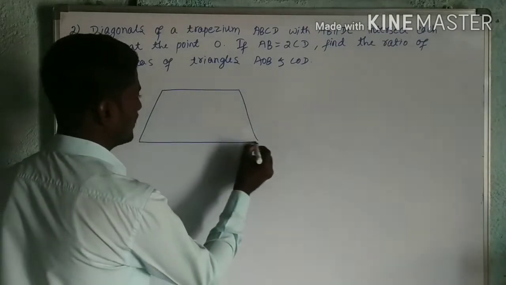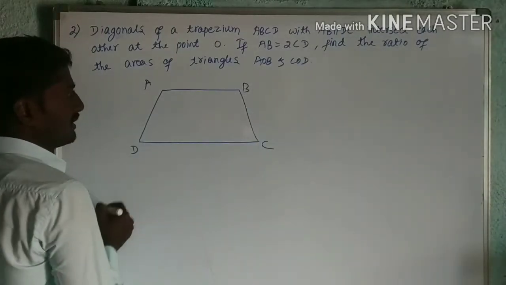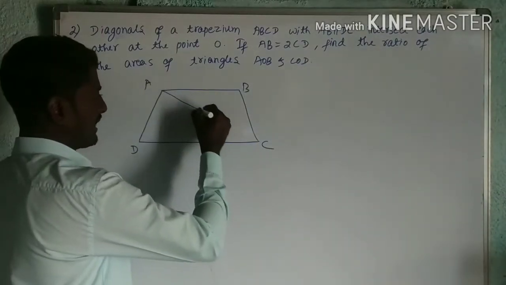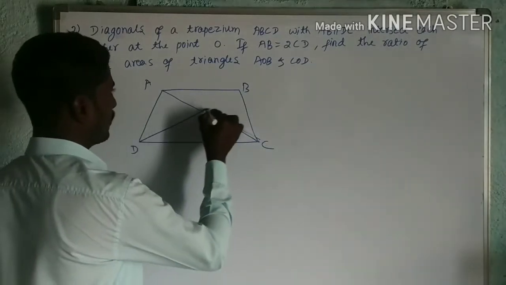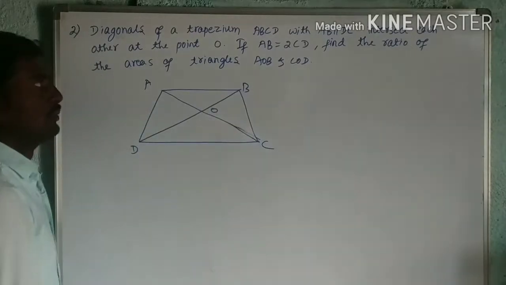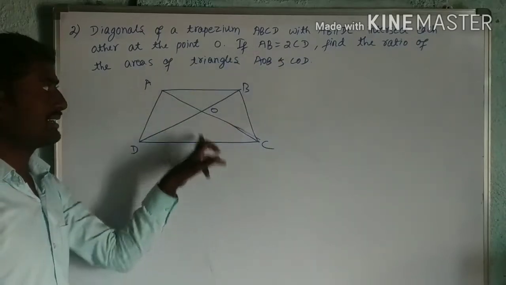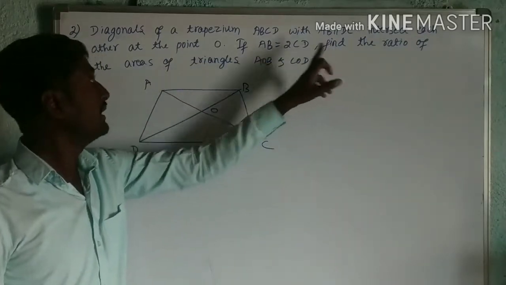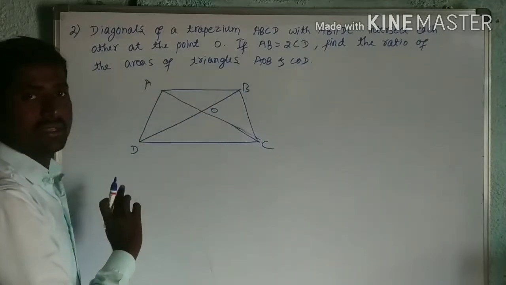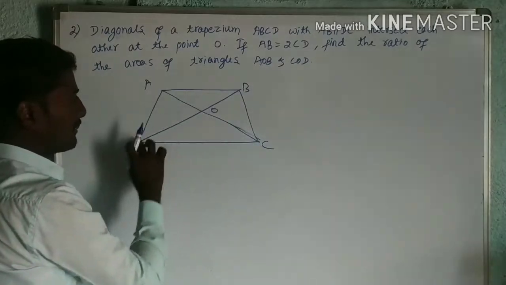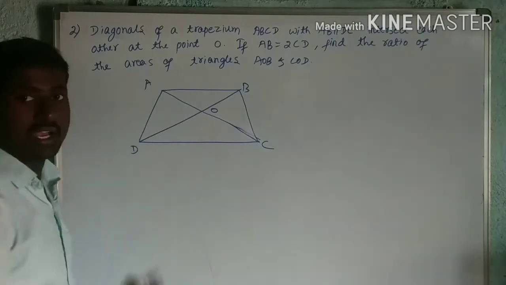This is the trapezium ABCD, and the diagonals intersect each other at the point O. AB is equal to 2 into CD, this is one condition they have given. It means area of triangle AOB divided by area of triangle COD I have to find.